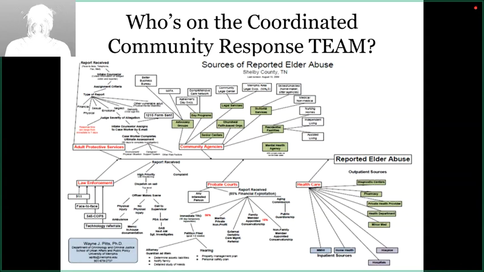Now, when we were able to identify all who wanted to be helpful in the community coordinated response to elder abuse, what we found is there was so much going on and a little duplication. And in some areas like healthcare, there was a tremendous gap in services.